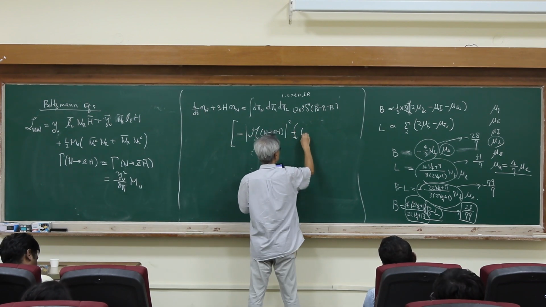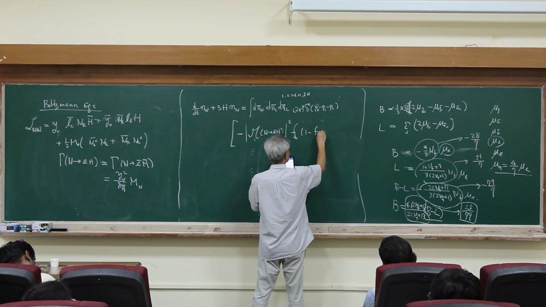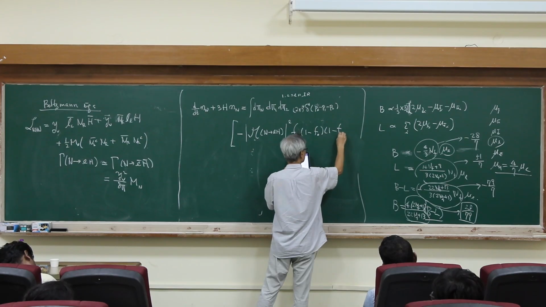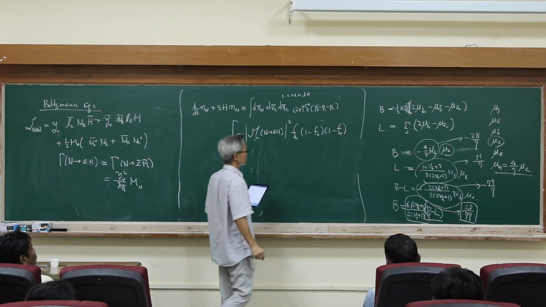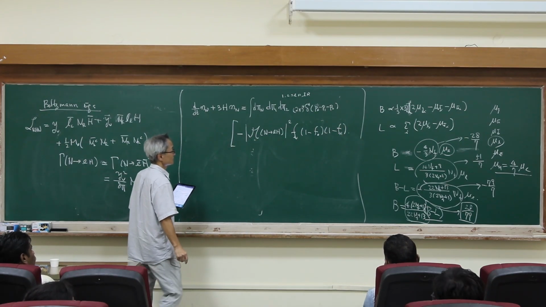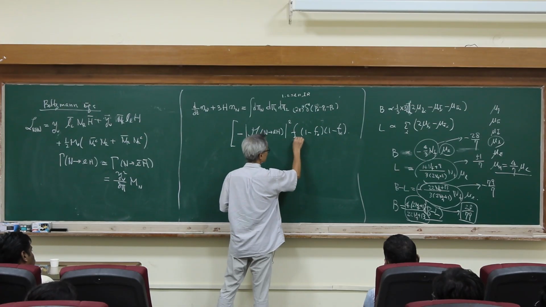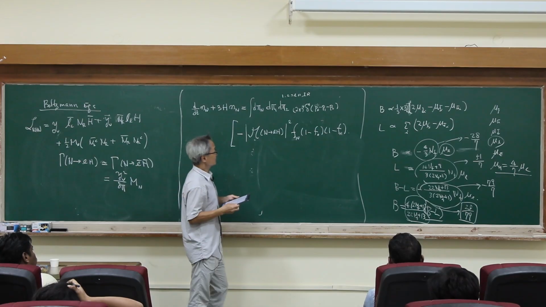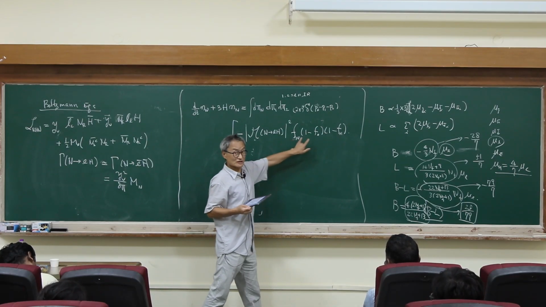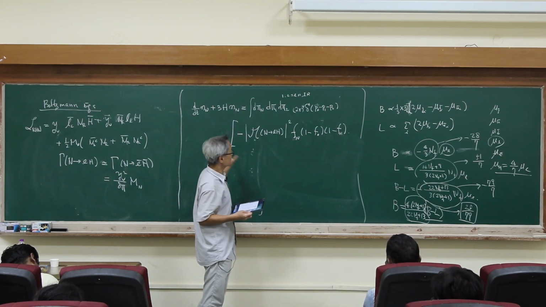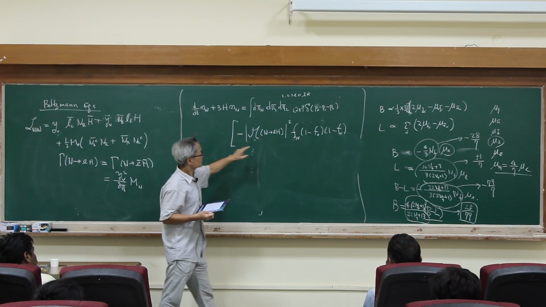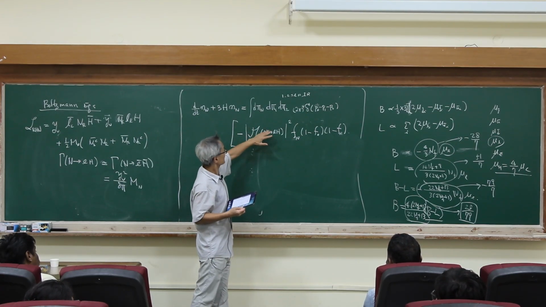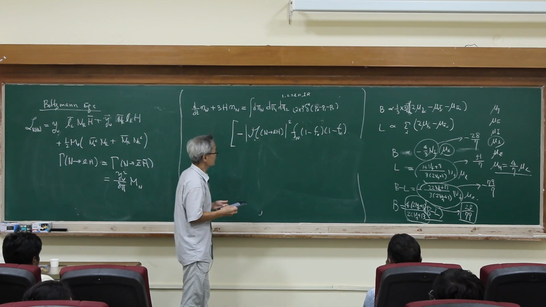And then we have this phase space and the thermal distribution function. In equilibrium, this is either a Fermi-Dirac or Bose-Einstein distribution function, but we don't know that now. So we have to determine this quantity by solving this Boltzmann equation.